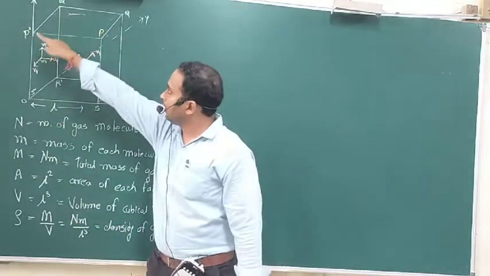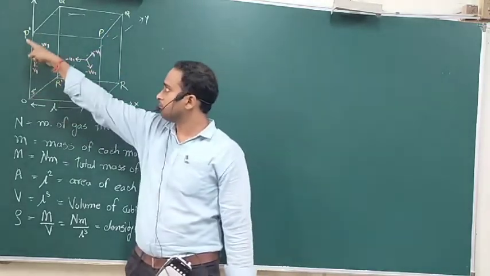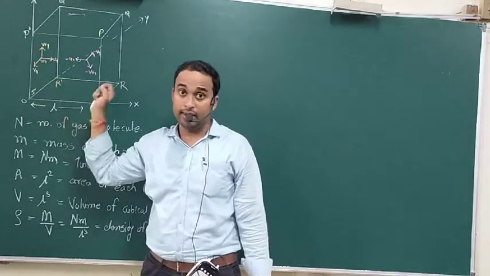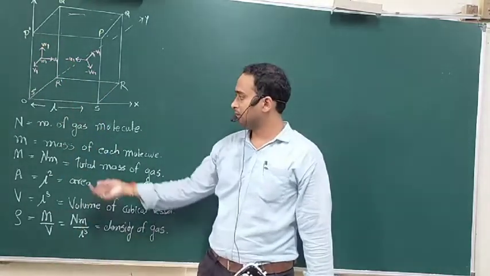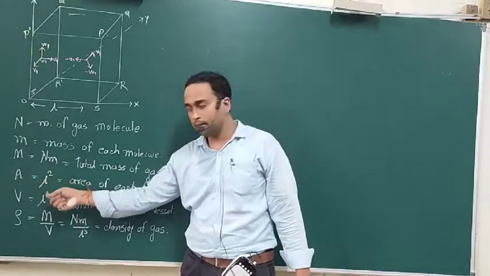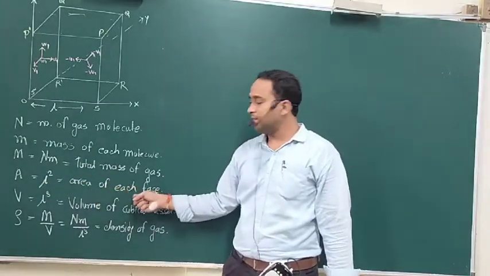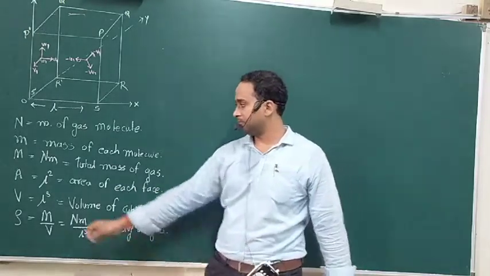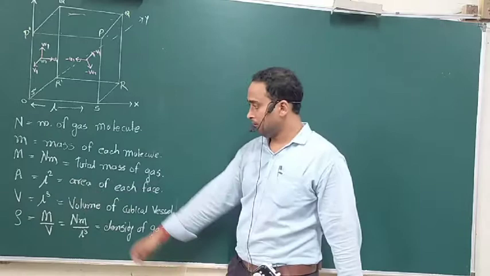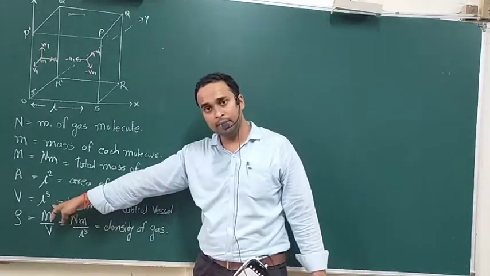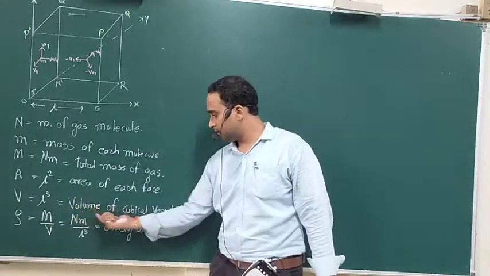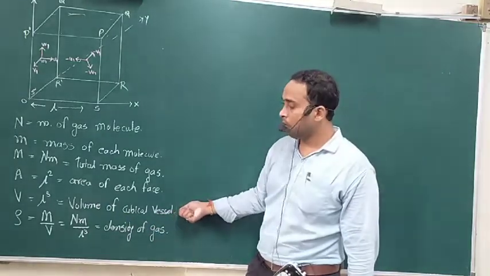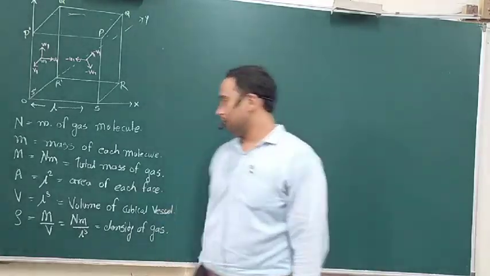A is the area of each face. Each face of the cubical vessel is a square, and the area of a square is side squared, so A is equal to L square. V is equal to L cube, that means V is the volume of the cubical vessel.